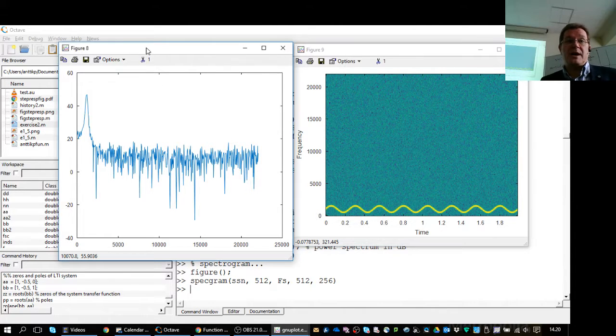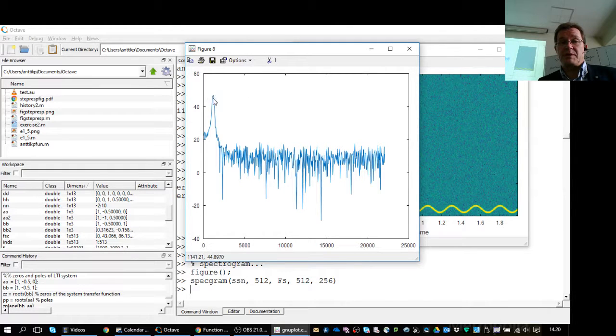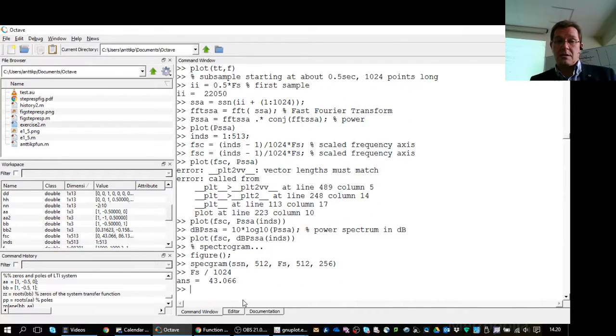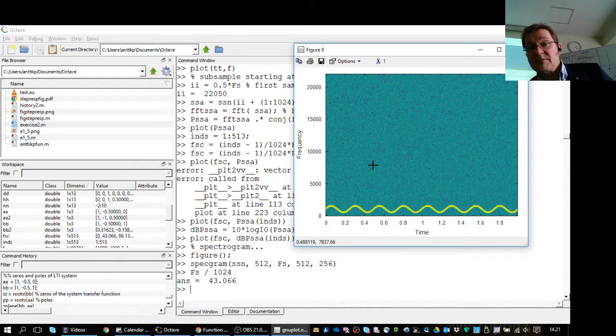At this point, I had 1024 samples in my Fourier transformation, meaning my spectral resolution would be about 43 hertz. That's what separates each point on that spectrum. Here, I dropped that number to 512, so it would be about 86 hertz resolution.